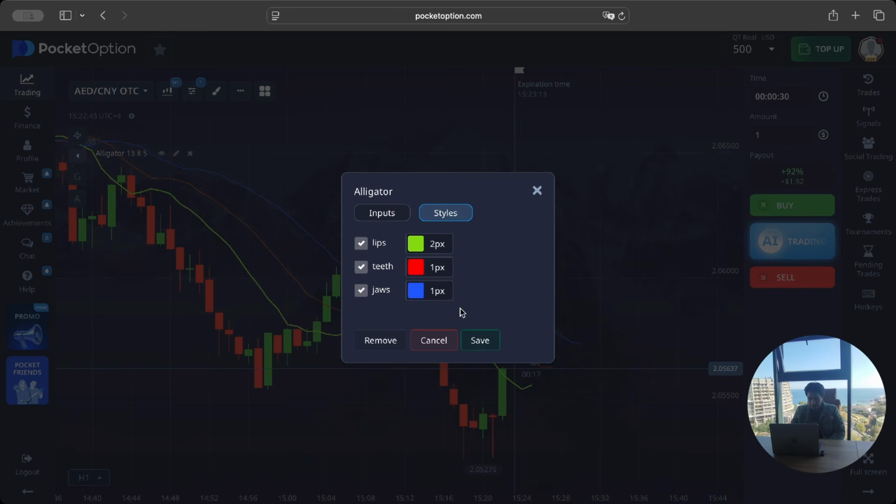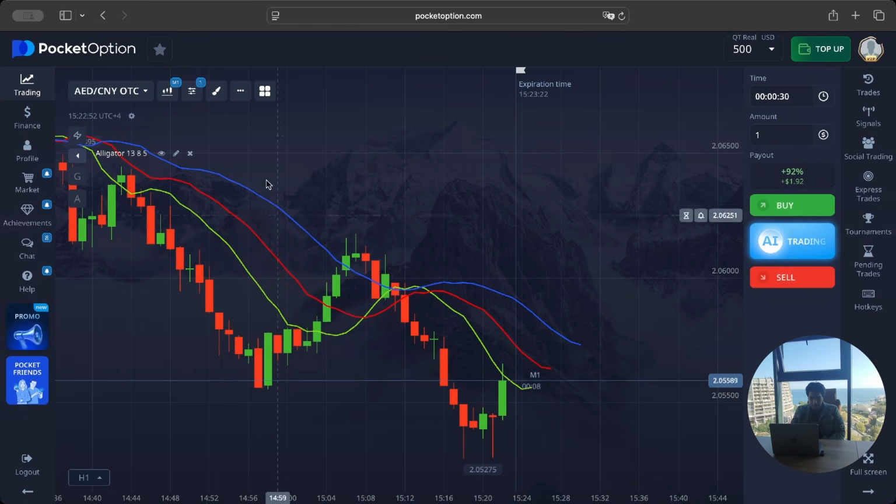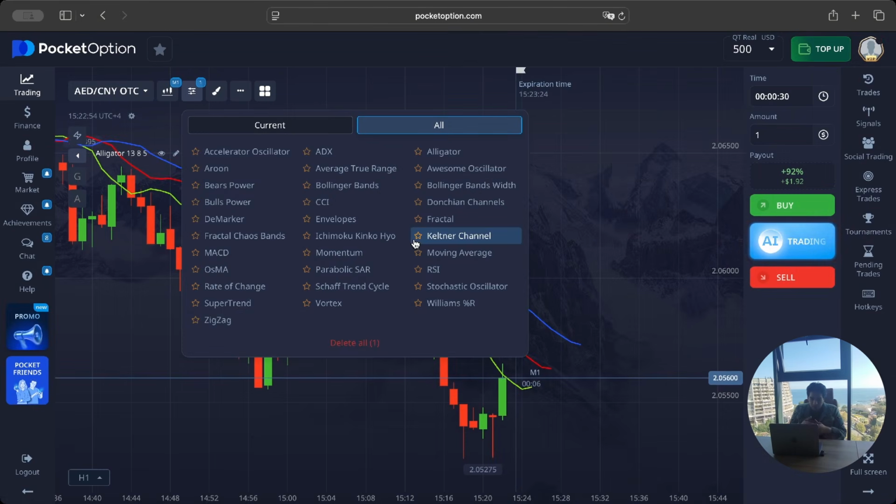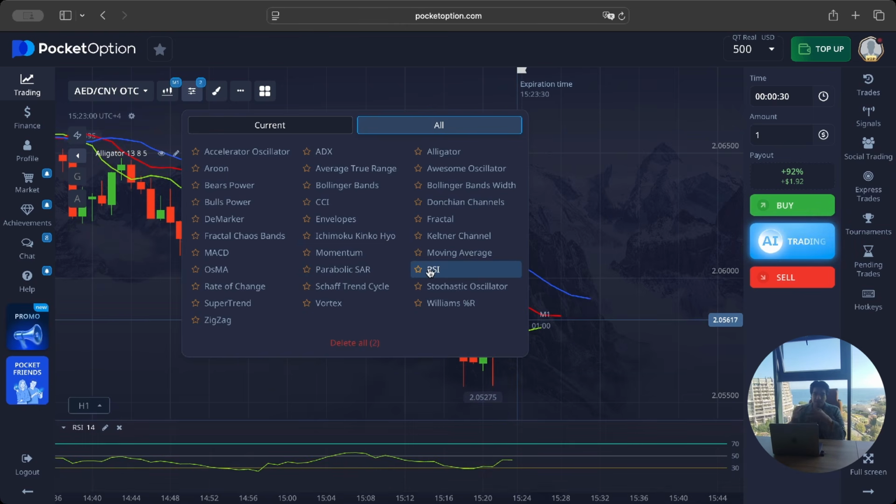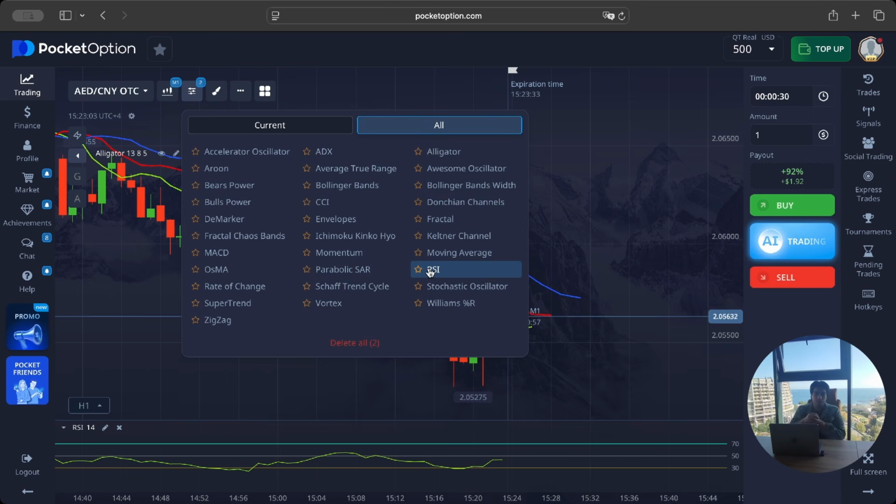Make this one red, keep this one blue, and 2px and 2px. Save. The second indicator we'll be using is RSI, because it's easy to understand and predictable. So all you need to do is this.